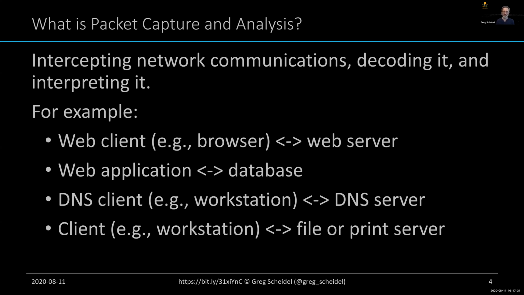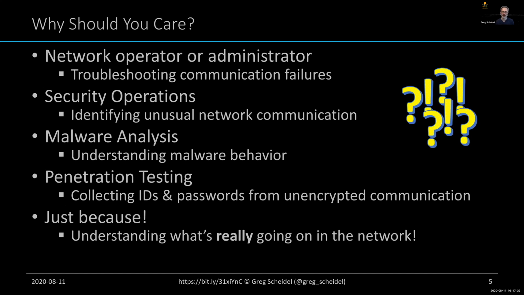Even on your local area network, when you're printing something to a network printer or accessing a file, that's network communications. And there is an opportunity there for us as security professionals or IT professionals, or even just people dabbling in it, to look at it and get meaningful content out of it.